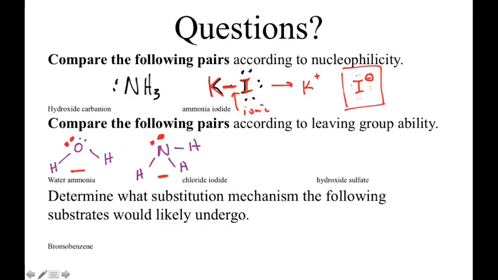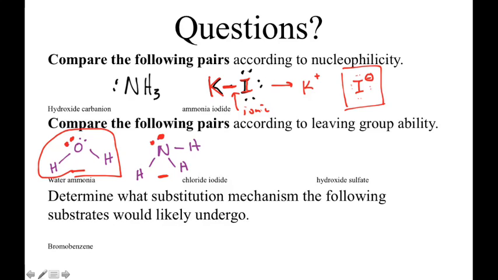Which one would rather hold those electrons? Hopefully we got water there. Water will act as our better leaving group because it's more stable. We can relate this back to base strength. Water is the weaker base of these two.